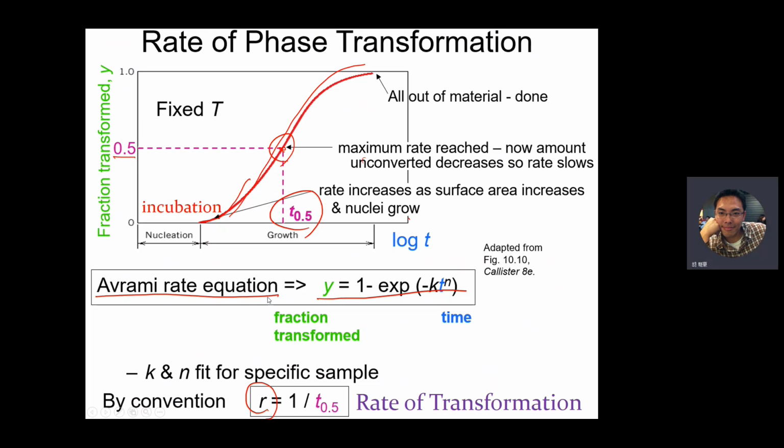And we take the inverse of that time, and we get the transformation rate. Okay, so initially there's an incubation time for nucleation.